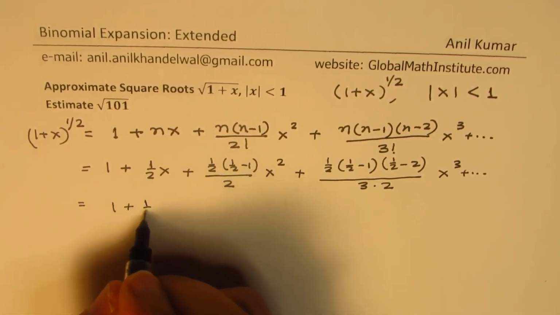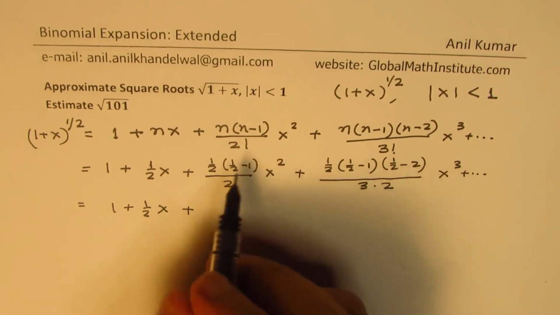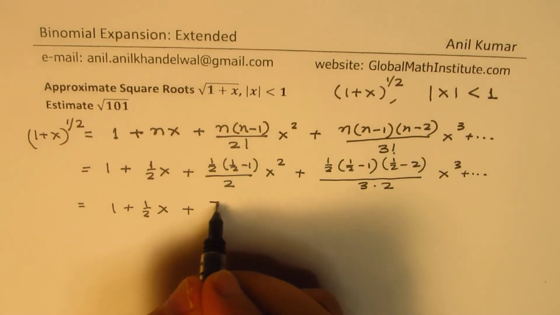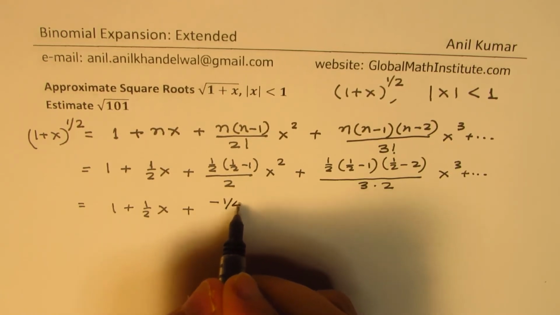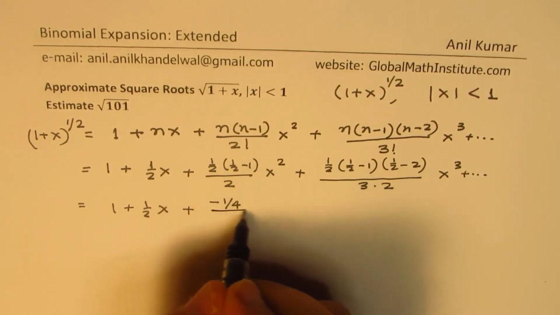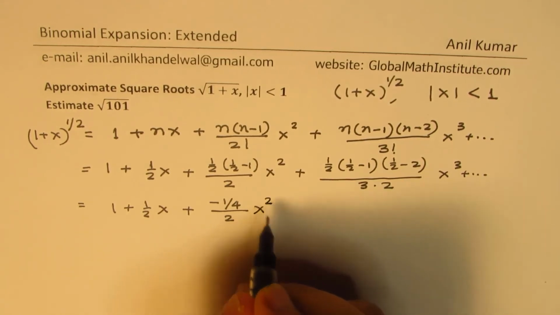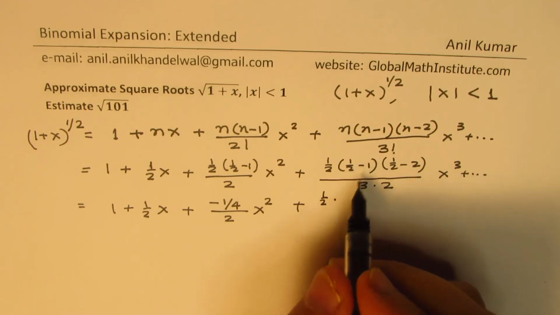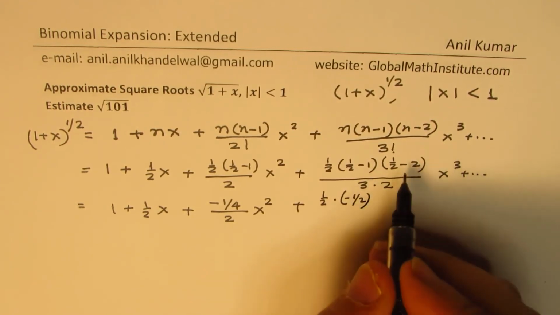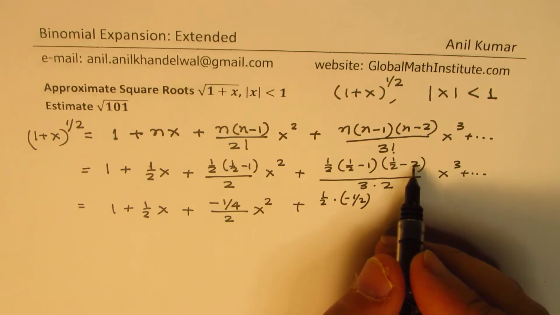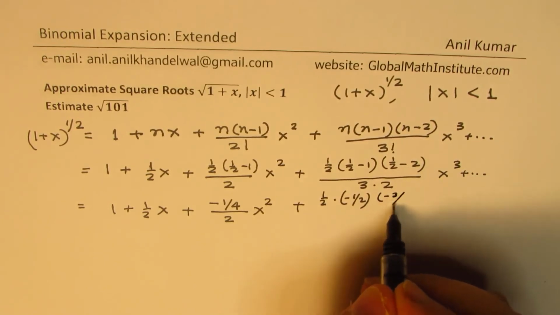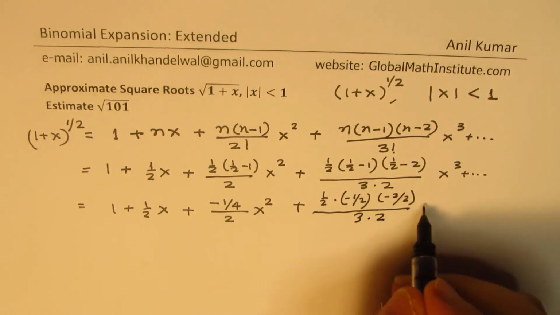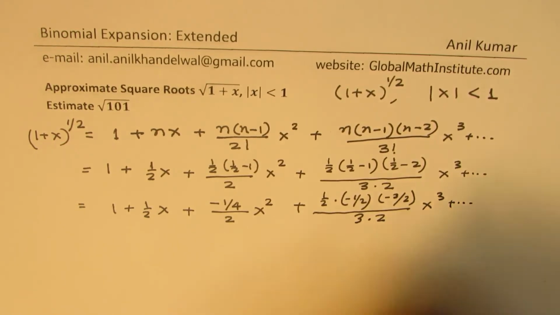Which is 1 plus half x plus, now half minus 1 is minus half, right? So we have half times minus half over 2, x squared, which is minus 1 by 4 over 2. And here we get half times minus half, and half minus 2 is minus 3 by 2, over 3 times 2, x cubed, plus so on, correct?